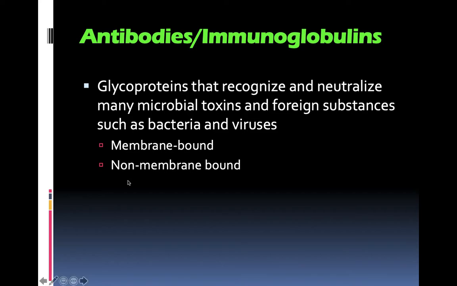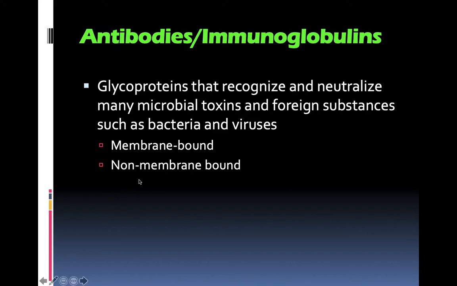And the second type, the non-membrane bound immunoglobulins, are involved in the inhibition of the continuous progress of infection and the spread of the pathogens that are found in blood, as well as in connective tissues.